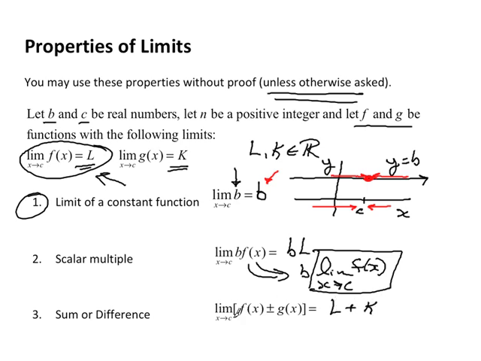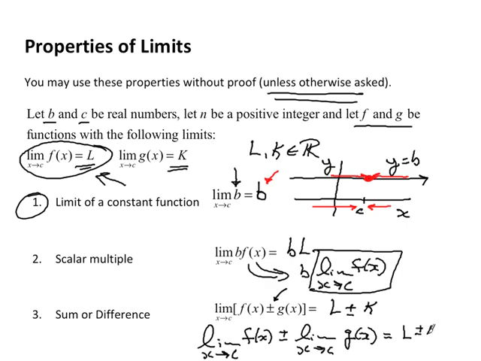And the logic behind that is simply I can rewrite all of this as the limit as x approaches c of f of x plus or minus the limit as x approaches c of g of x. Well, we said that this is L and this is k, so clearly this has to be L plus or minus k.